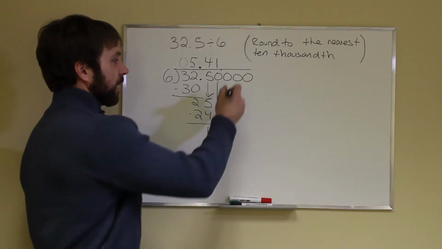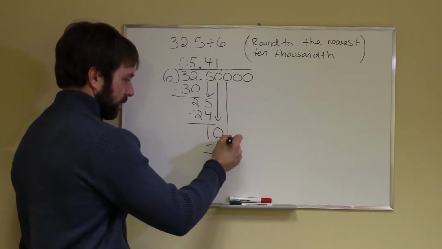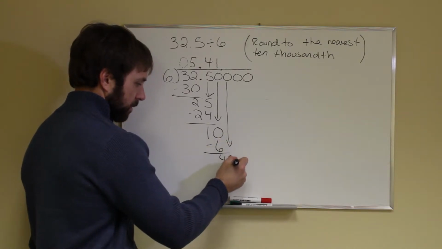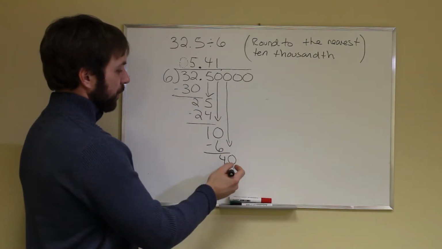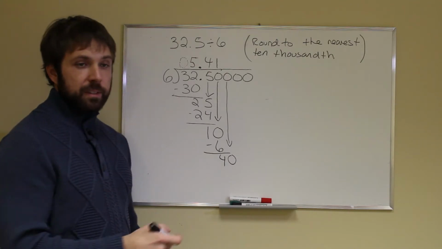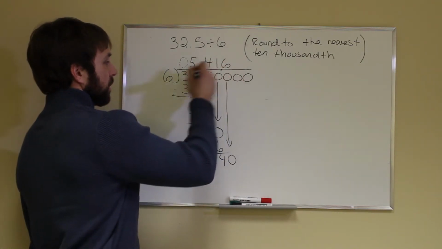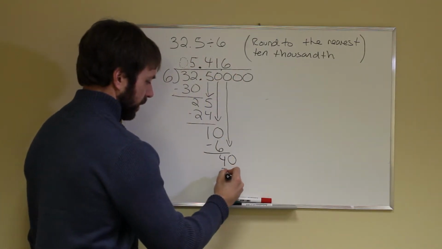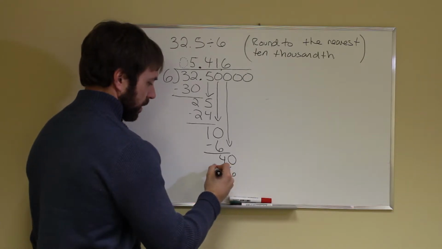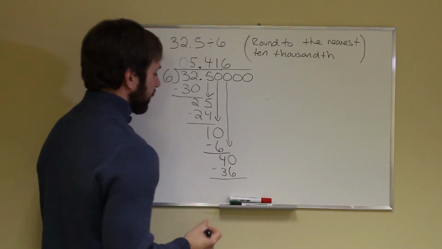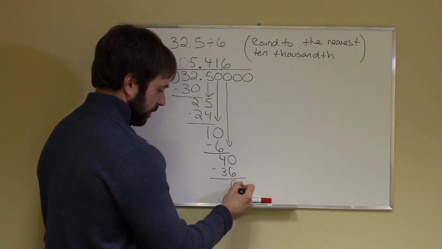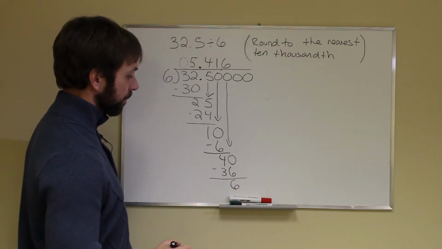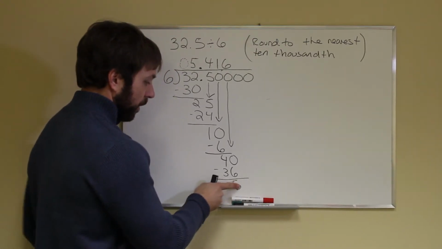I can again bring down another 0. 6 goes into 40, 6 times evenly. 6 times 6 is 36. When I subtract these, I get 4.